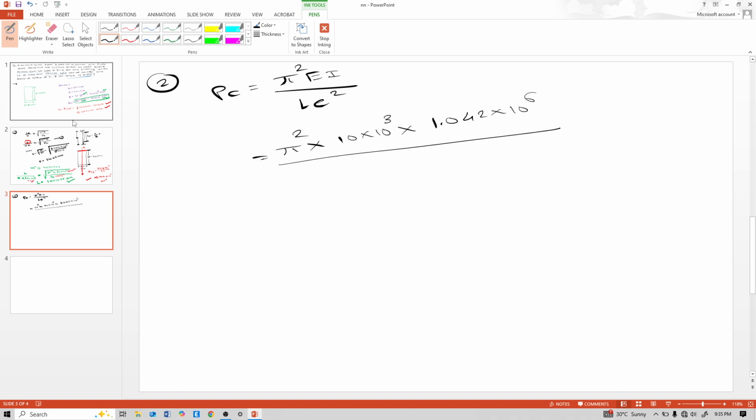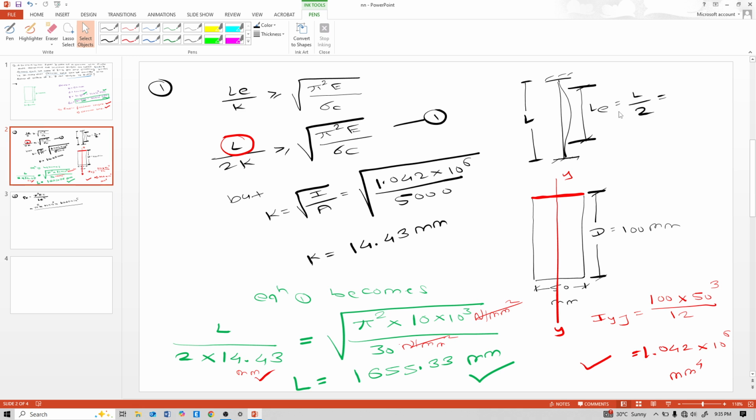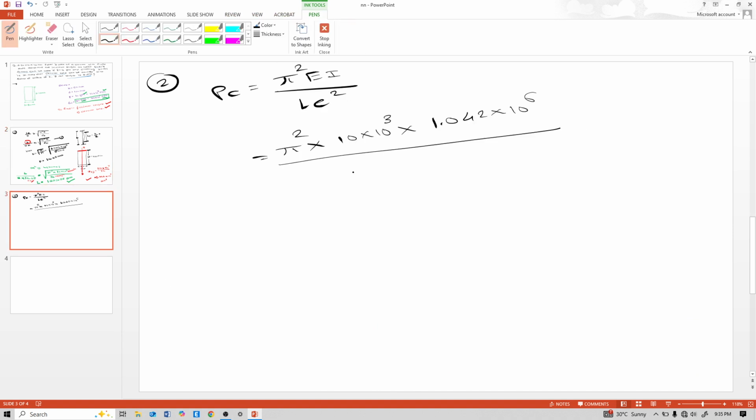Divided by L square. What is L? The effective length. Here L is L by 2, and we found this L as 1655.33, so 1655.33 by 2 square. Now calculate this with the help of the engineering calculator.